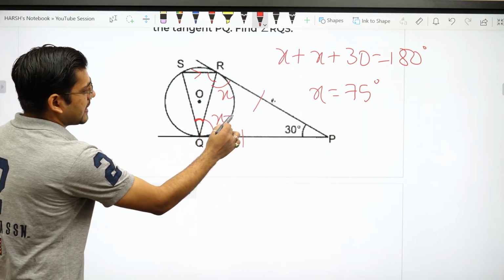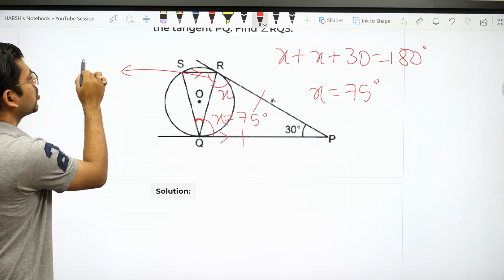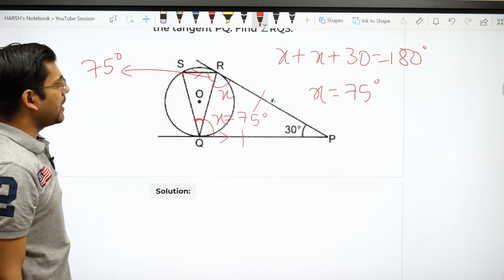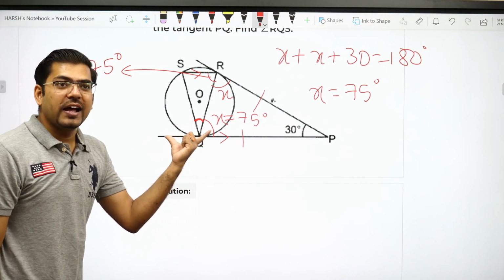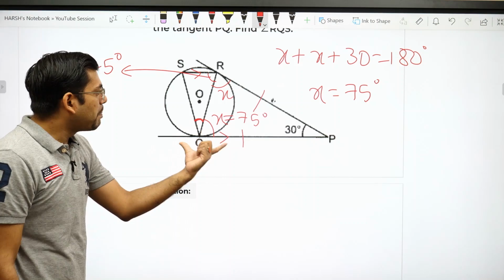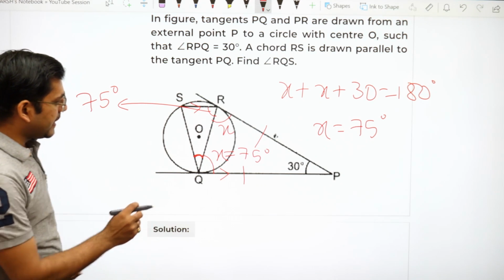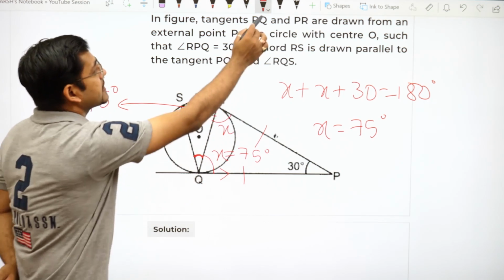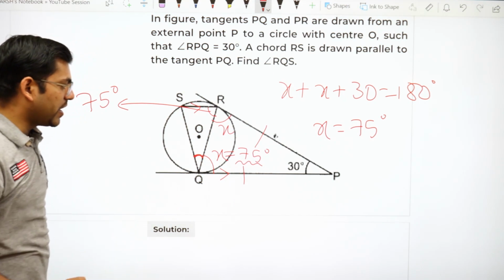Now if this x is 75 degree, guys, then surely this angle is also going to be 75 degree. Why am I telling this? Because RS and PQ are parallel. So we have got the value of x as equal to 75 degree.